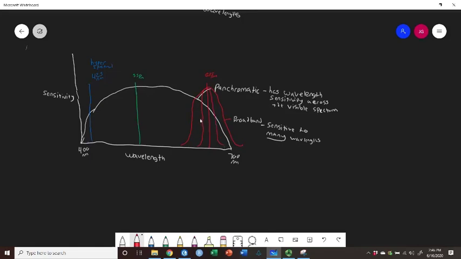Right, this right here, this would be narrowband, right?